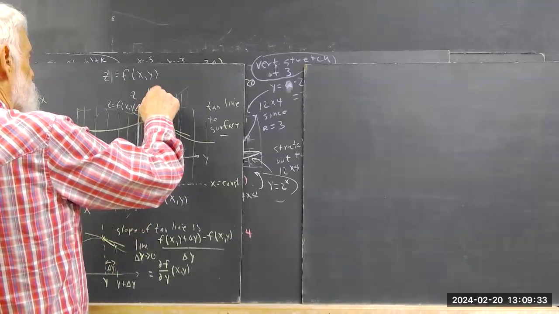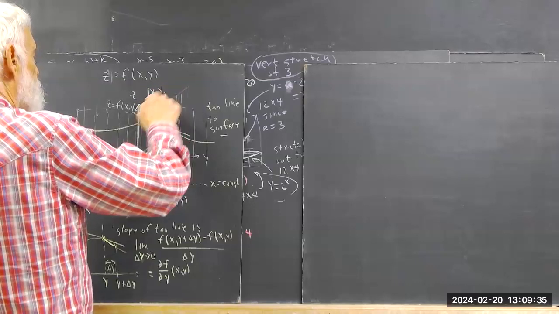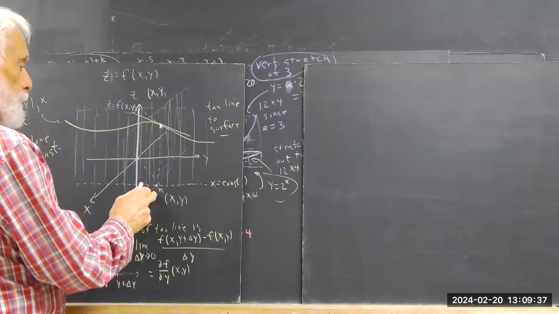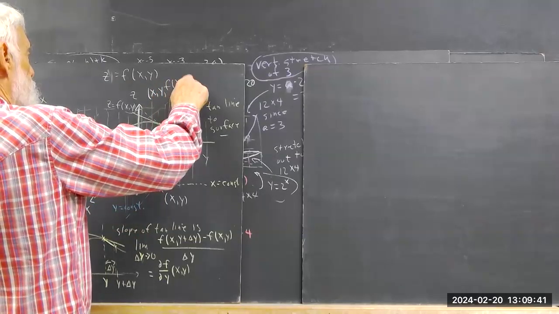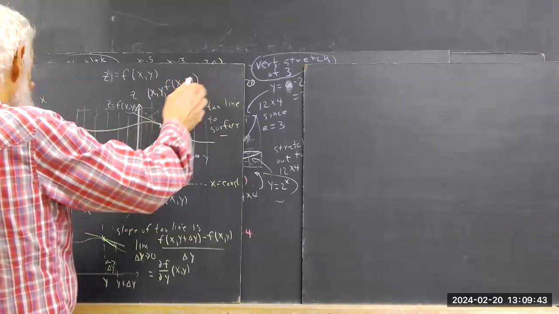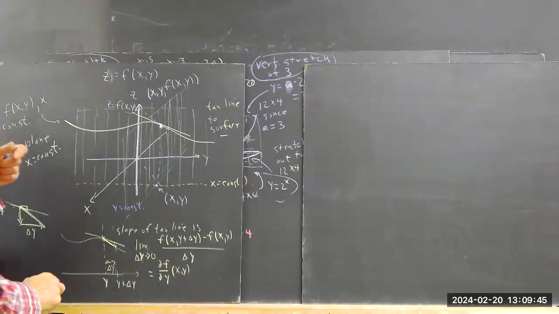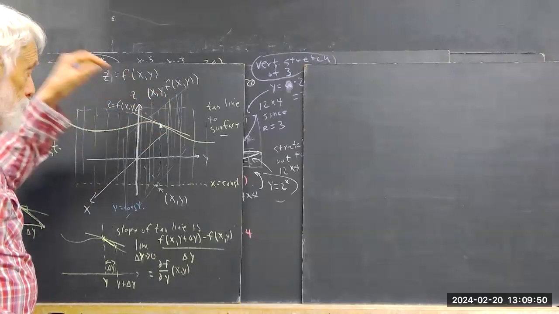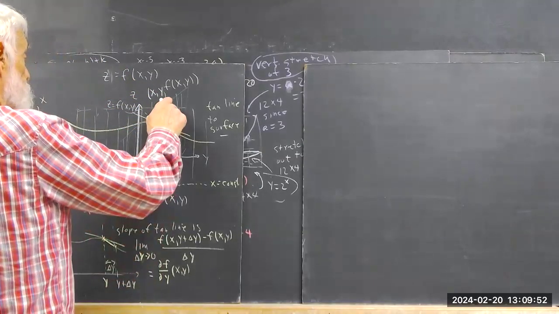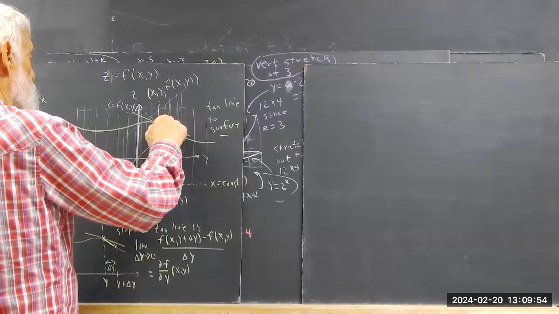This point is X, Y, obviously, because the X and Y coordinates are this. And then Z, which equals f of X, Y. So that's X, Y, Z, but Z is on the surface of this graph. Okay, Z pushed to the surface of the graph. So there's the point.